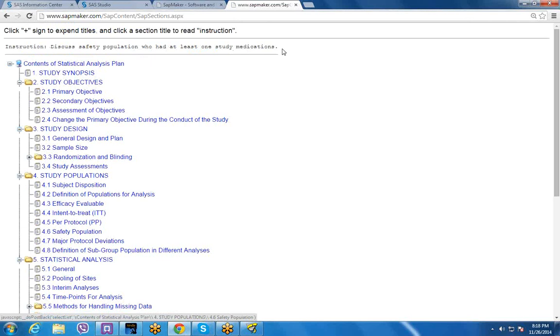It's what we call a randomized control trial or active drug control trial, where we give the active medicine to both groups, medicine A and medicine B. Any group that is taking the medication is considered as the safety population.